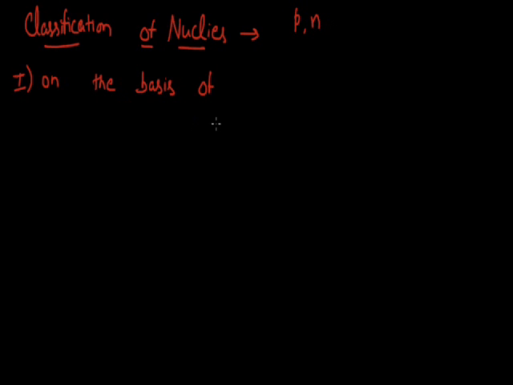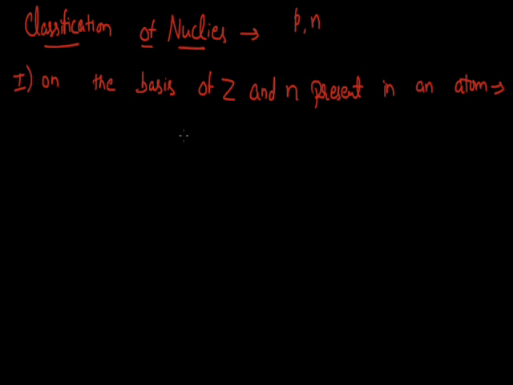The number of protons is represented by the atomic number of the atom, and the other thing here is the number of neutrons. So this classification is on the basis of the atomic number and the number of neutrons present in an atom.